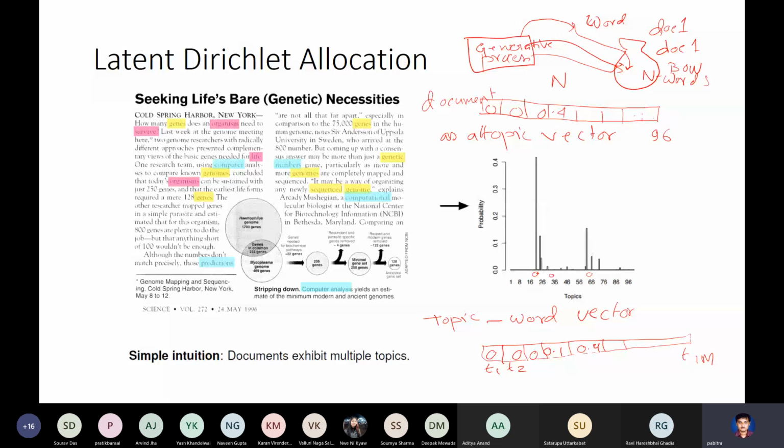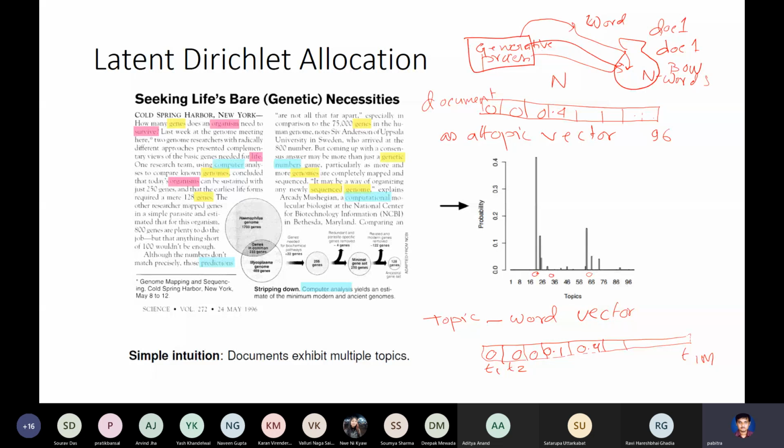And we believe that all the documents in the collection are being generated by the same generative process, of course with different parameters, but the structure of the process is the same.